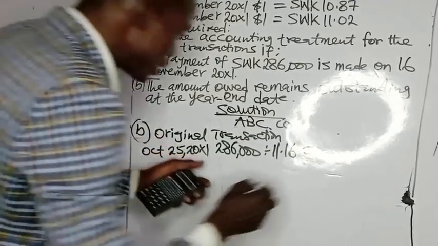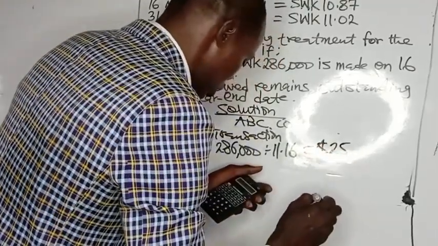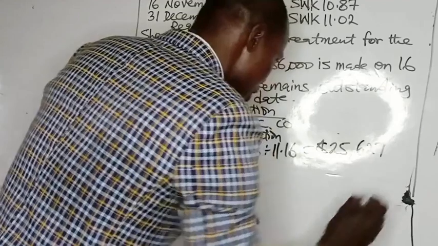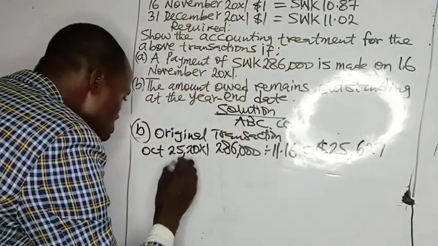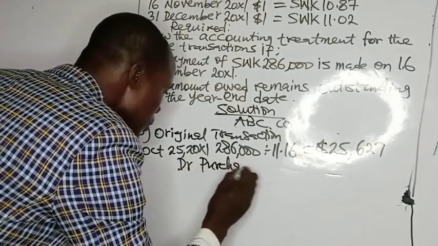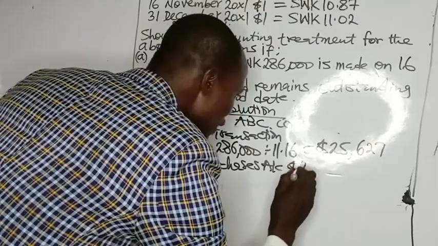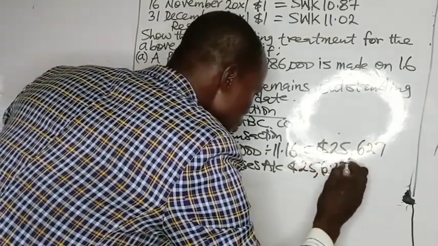you have 25,627. This amount will be debited to your purchases account with 25,627.